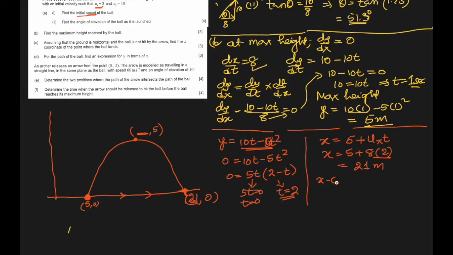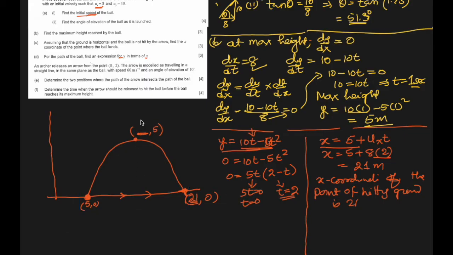So the x coordinate of the point of hitting ground is 21.